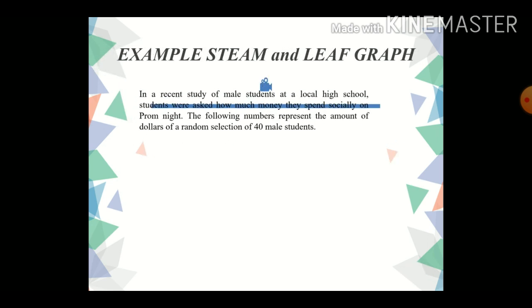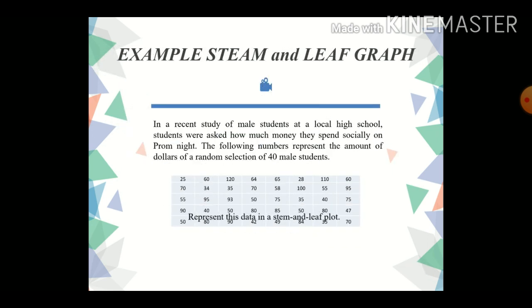Example, stem and leaf graph. In a recent study of male students at a local high school, students were asked how much money they spent socially on prom night. The following numbers represent the amount of dollars of a random selection of 40 male students.